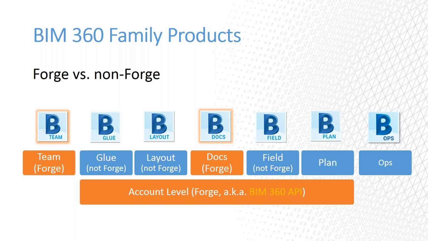The BIM 360 API naming itself might be a little bit confusing because it sounds like it covers everything, but the BIM 360 API means account level. For that part, even if you have Glue and Field, you can access the account level API, which means account level management.